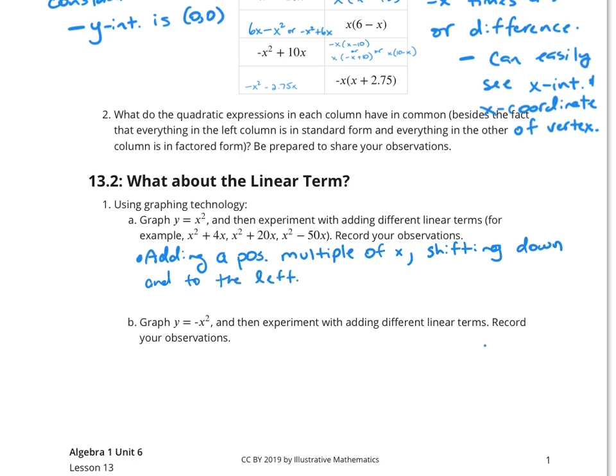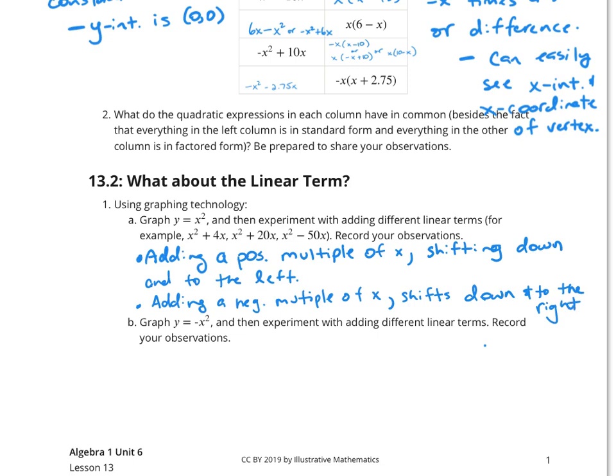Okay, but when I added a negative multiple of x, it still shifts down, but this time it goes to the right. So it shifts down and to the right.